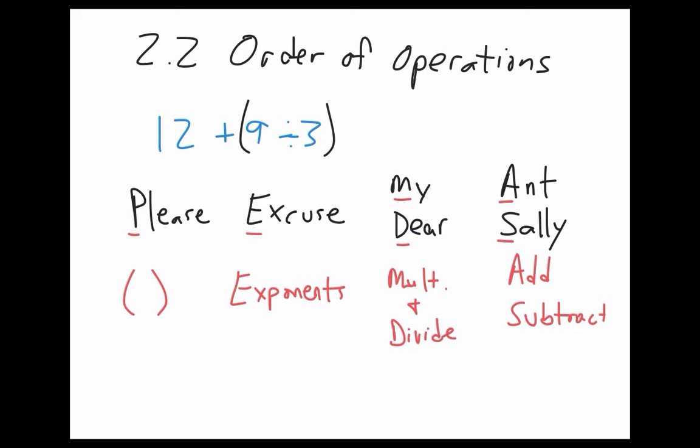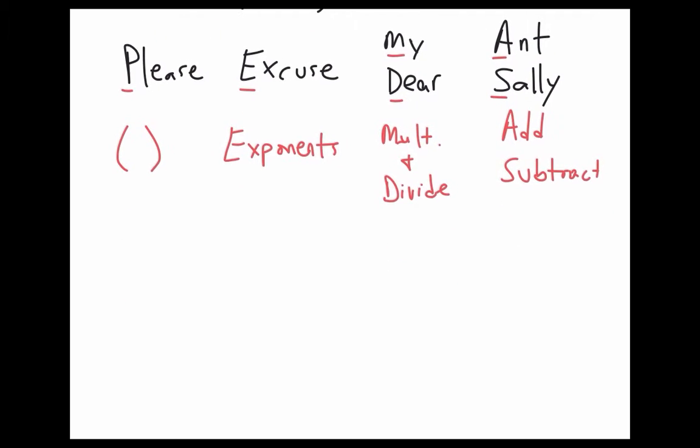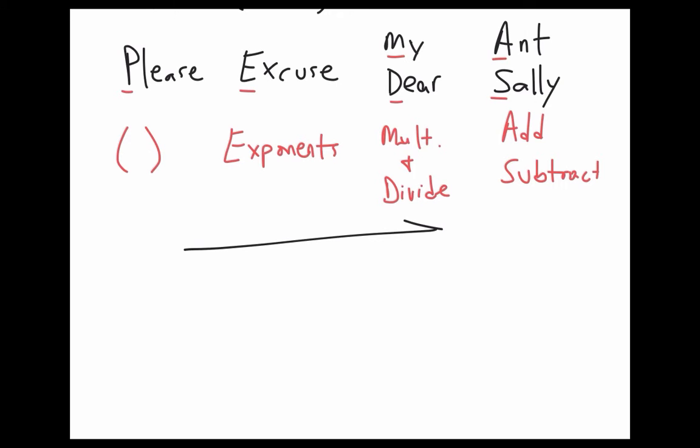And as you do those, they'll often call it evaluating an expression. If you have a bunch of numbers and you're trying to figure out what that equals, or they'll ask you to just simplify it. What number does it equal? For those, you have to do order of operations in this direction. So you start out with parentheses, then you do exponents next, then multiplication, division, then addition, subtraction.